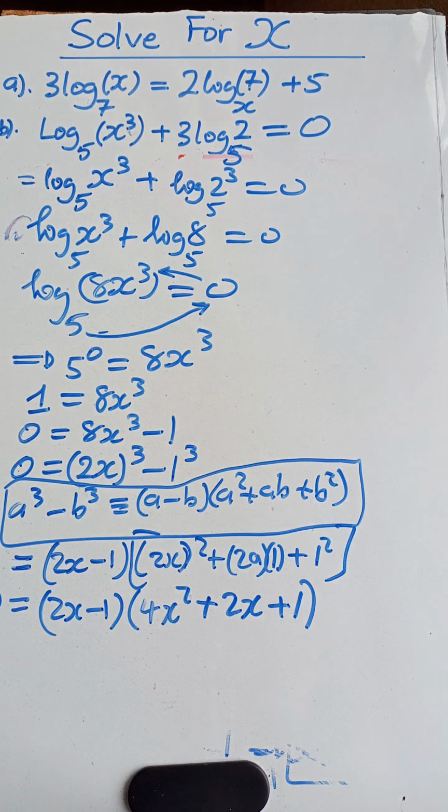So we have the product of this and that giving us 0. Therefore, either this is 0 or that is 0.